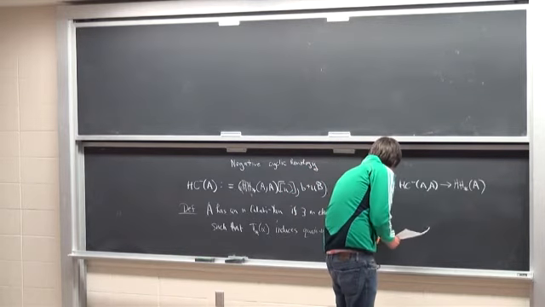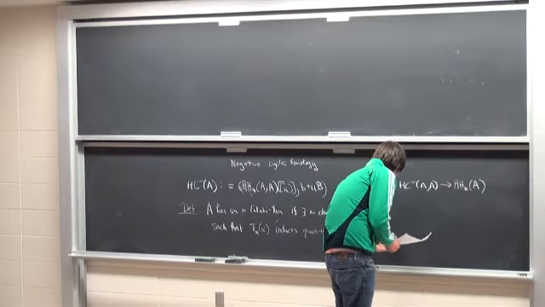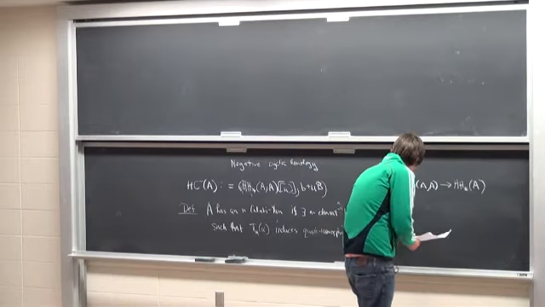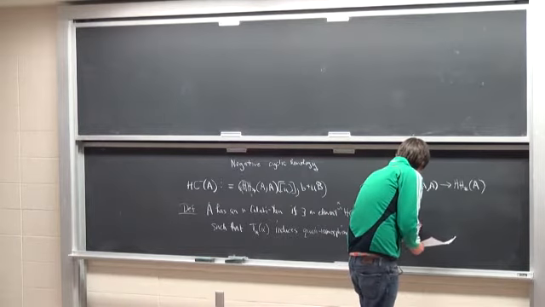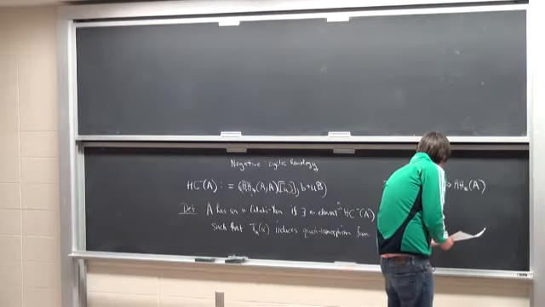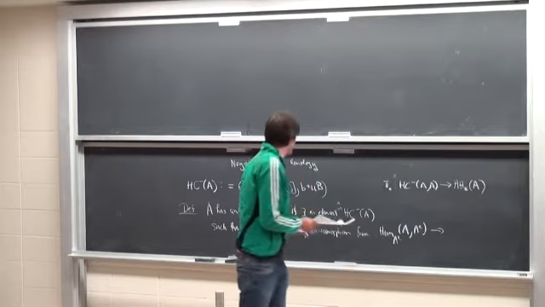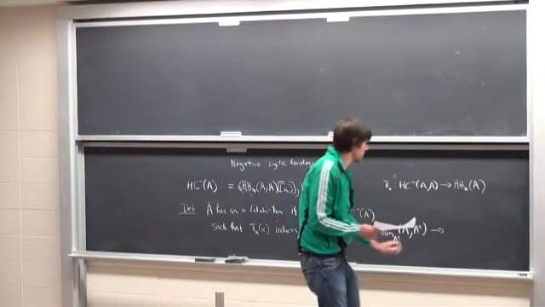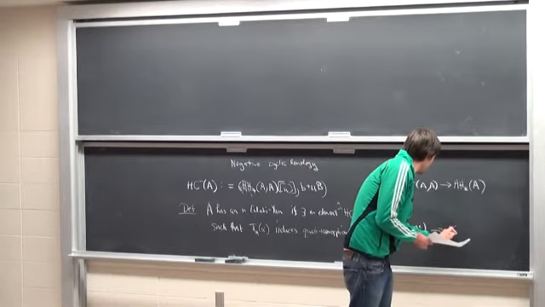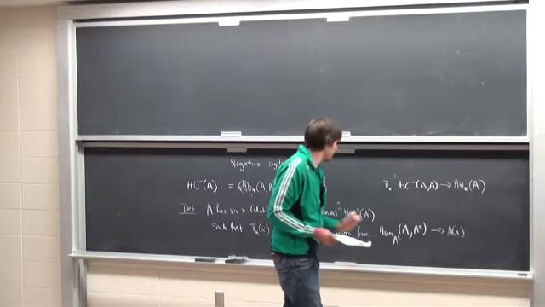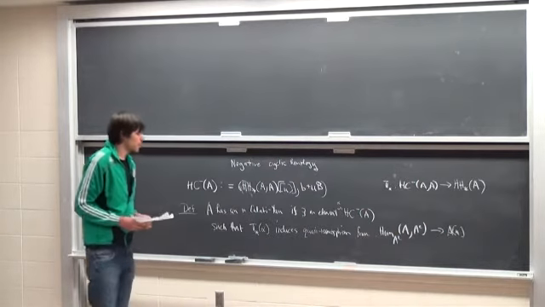from Hom over A-bimodules to... our class alpha will have some degree, so the map will have a shift. So you'll have a quasi-isomorphism like this.